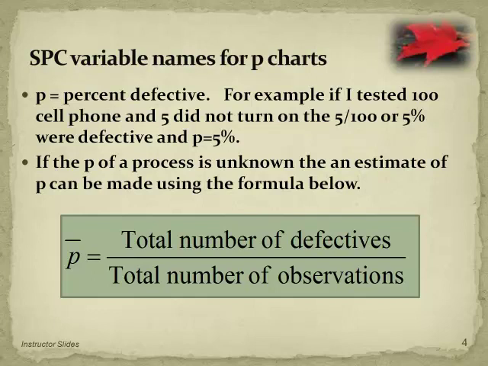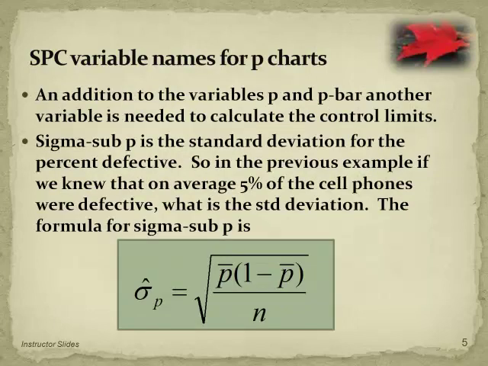The formula is shown in this slide. We call this P bar. This is an estimate for P, and the formula is the total number of defects divided by the total number of observations.